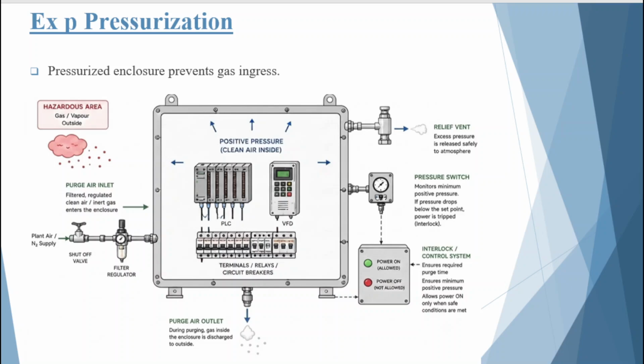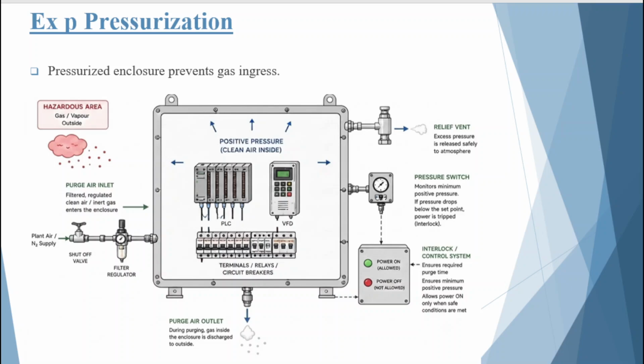Since no flammable gas is allowed to enter the enclosure, electrical equipment inside, such as contactors, relays, variable frequency drives, PLCs, or control panels, can operate safely without creating an explosion hazard.